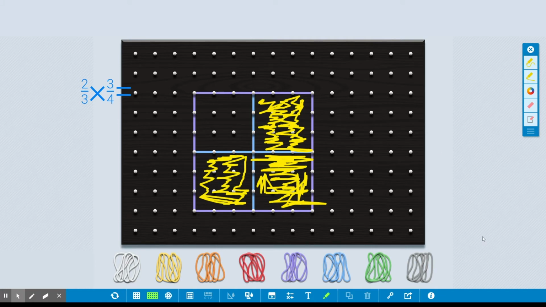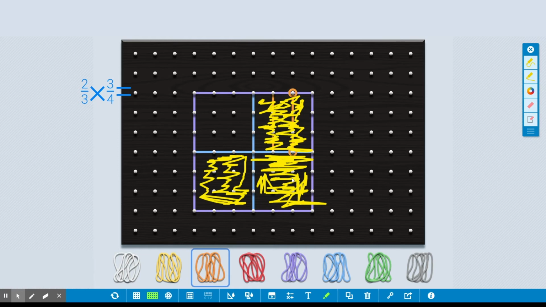Now I have 3/4. I need 2/3 of each of my 3/4 filled in to find my answer. So that means I need to split each one of my fourths into thirds. So I'm going to go and grab my rubber bands. That's 1/3, 1, 2, 3/3.